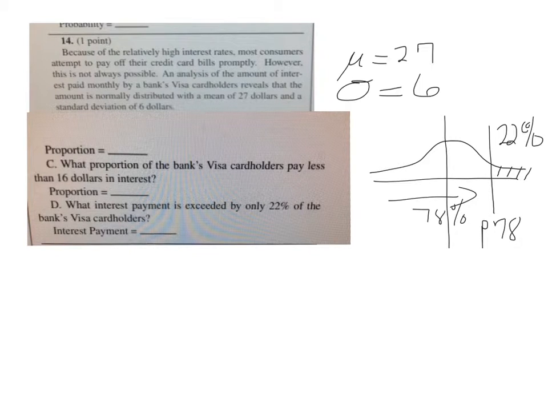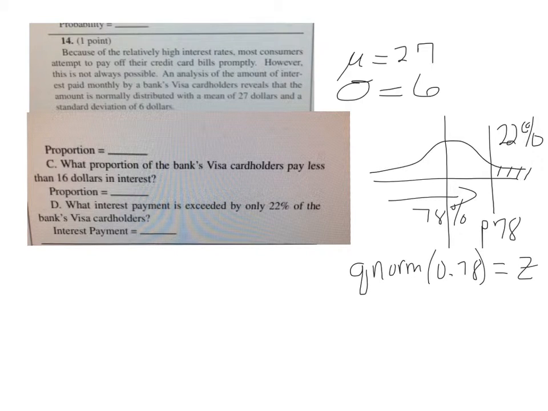And so if you go to Q norm again, and you type in 0.78, it'll give you a Z value for that line. It'll tell you how many standard deviations you are away from the mean to hit the 22%.